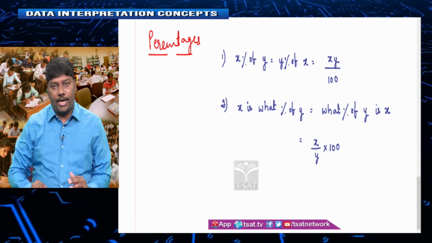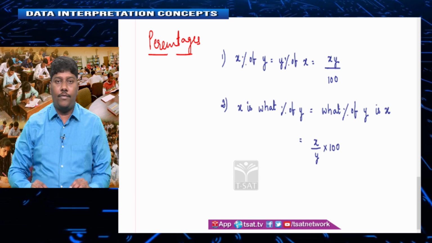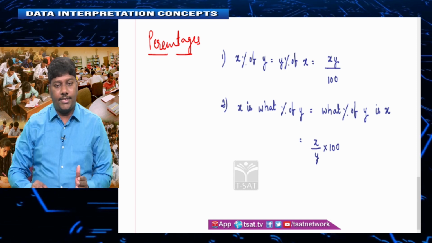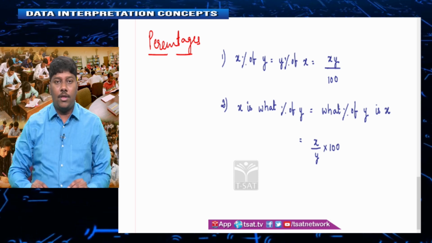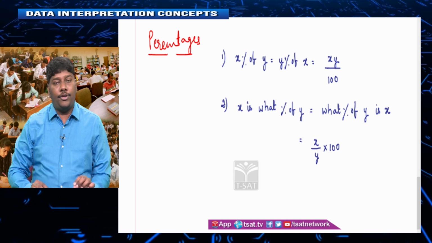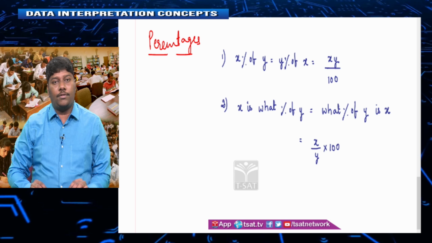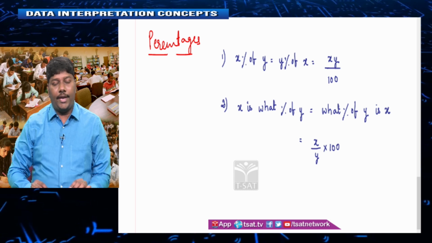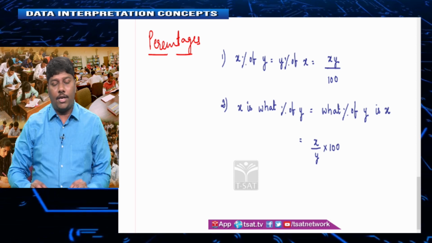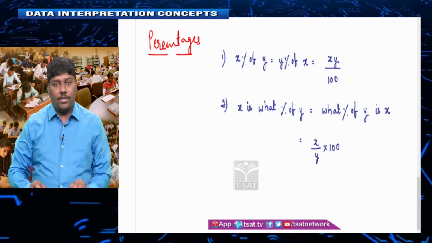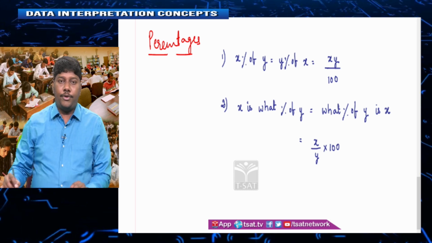When they compare one value with the other in terms of percentage, you can always use this formula: X is what percent of Y, or else what percent of Y is X. The second one they may also ask: what percentage of the cars produced in 2020 is equal to cars produced in 2015. So here X is nothing but cars produced in 2015, and Y is cars produced in 2020. This 2015 and 2020 is purely an assumption.